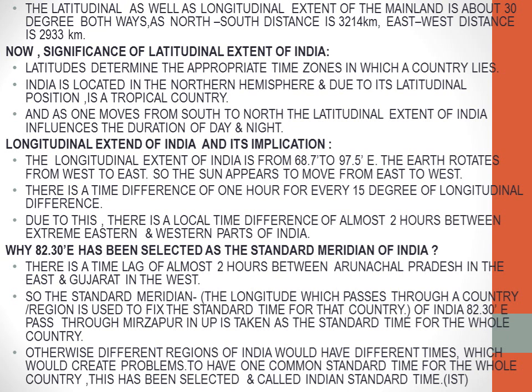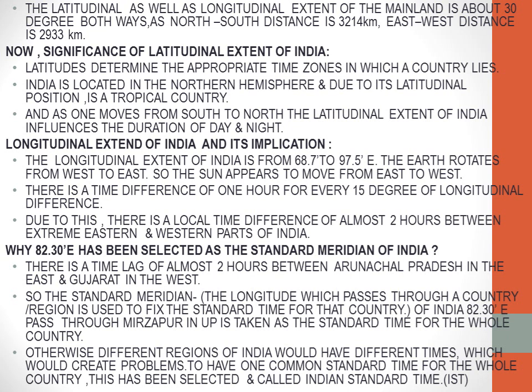So that is why we have selected 82 degrees 30 minutes east as our standard meridian. Why have we selected it? There is a time lag of almost 2 hours between Arunachal Pradesh in the east and Gujarat in the west.